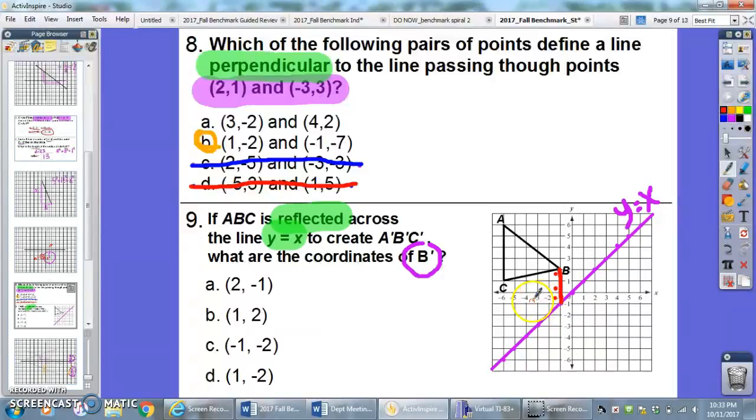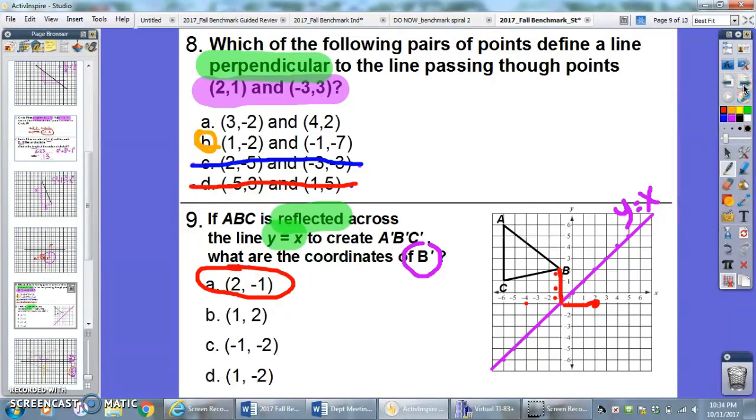Counting left doesn't make sense because that point would end up here, and my goal was to reflect or flip it over. So then I'm going to count 3 to the right. That makes a lot more sense. Alright, so you can see it, that perfect reflection of point B. So the answer would be 2, -1, which is A.